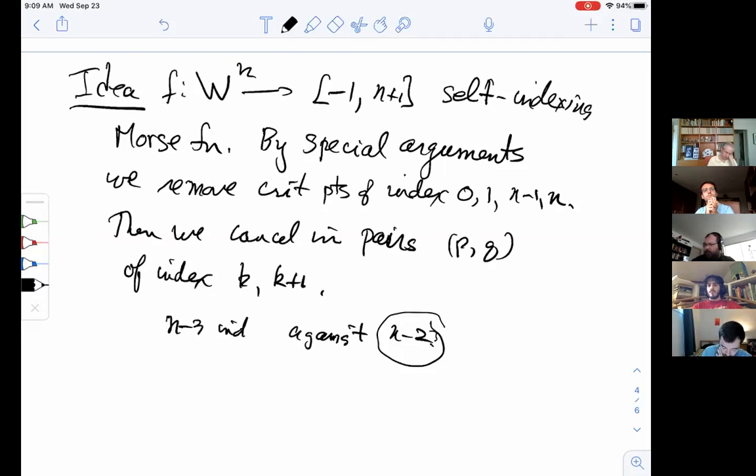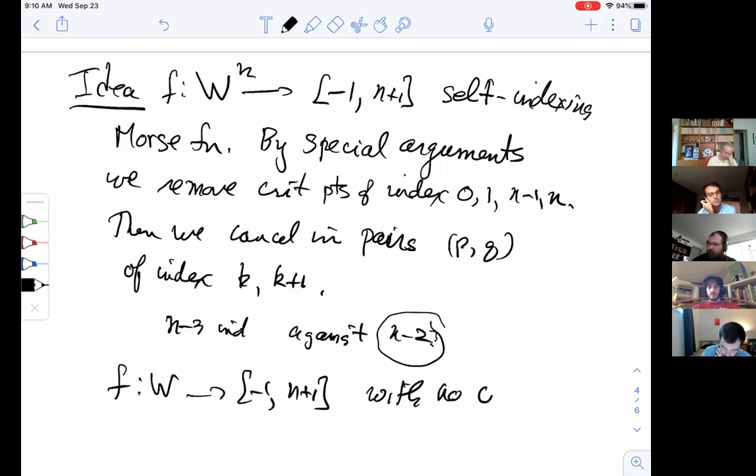So in this method of canceling by pairs, we end up getting a new Morse function f on W with no critical points. And we've already seen what that means: a gradient-like vector field together with this function produces the product structure.